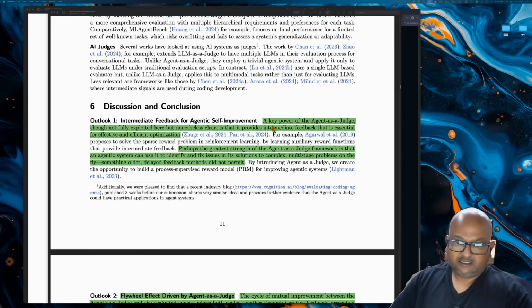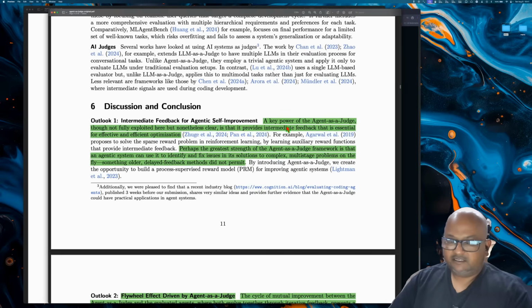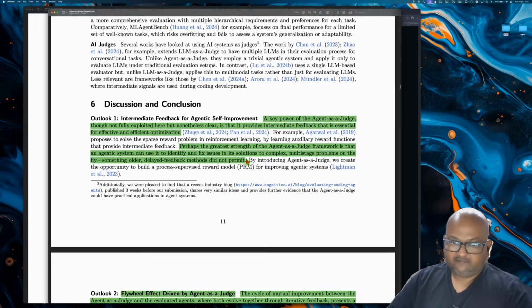Now, one thing that can be really powerful with agent as a judge, which they did not actually explore in this paper, is the setup where you run the agent as a judge in parallel with your actual agent and where it provides feedback as that agent is doing its job. So you can identify and fix issues at runtime rather than after the fact.